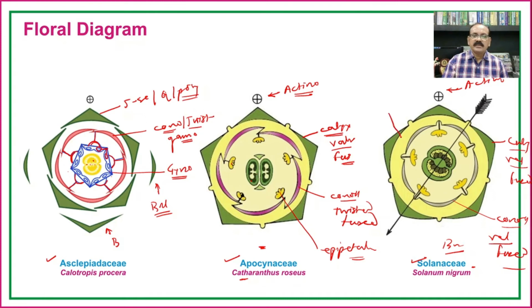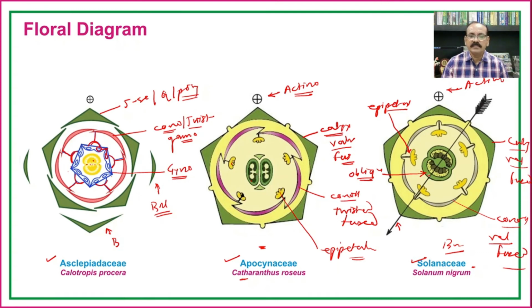Again the stamens are epipetalous, and the ovary in the Solanaceae is oblique, and hence this arrow shows the different position of the ovary.